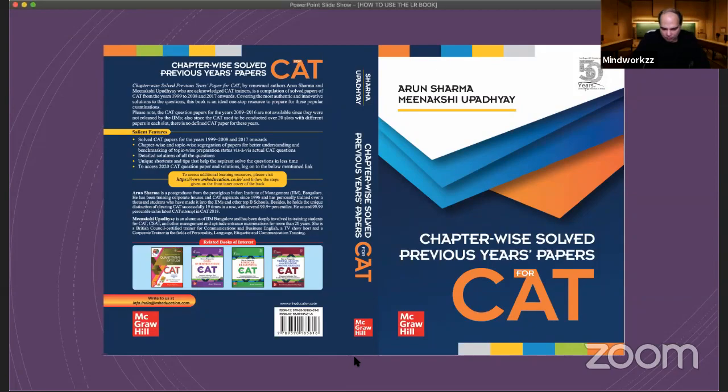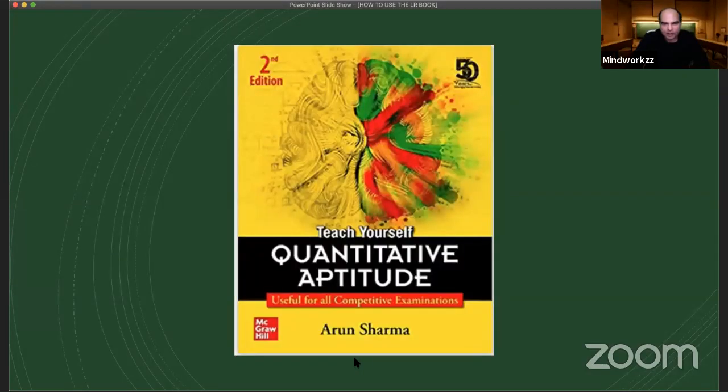Wanted to inform you guys also about one more book that I have, which is not so well known, because the main quants book kind of overshadows this. This book I had written for banking aspirants and SSC aspirants, and also all other lower aptitude exams.